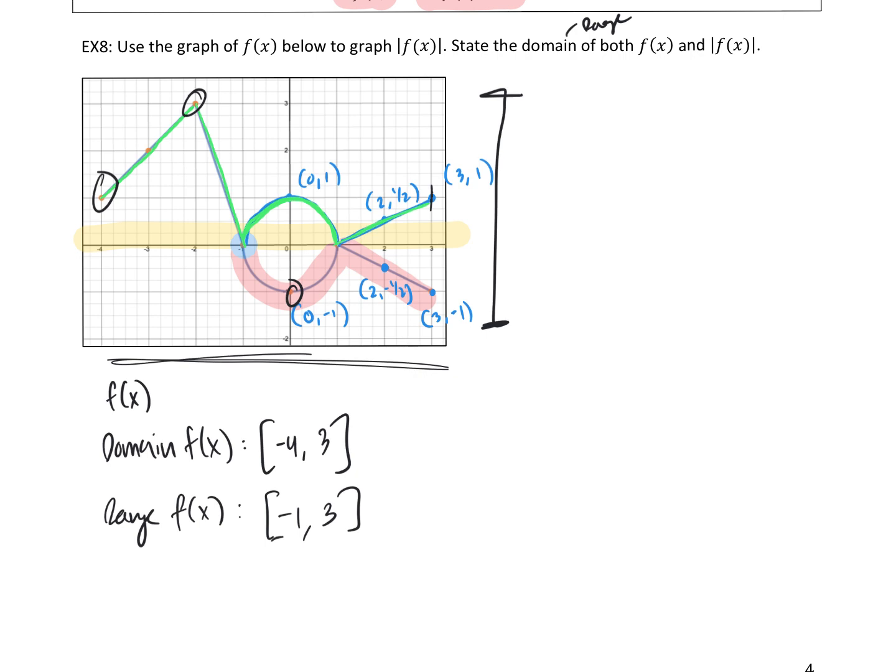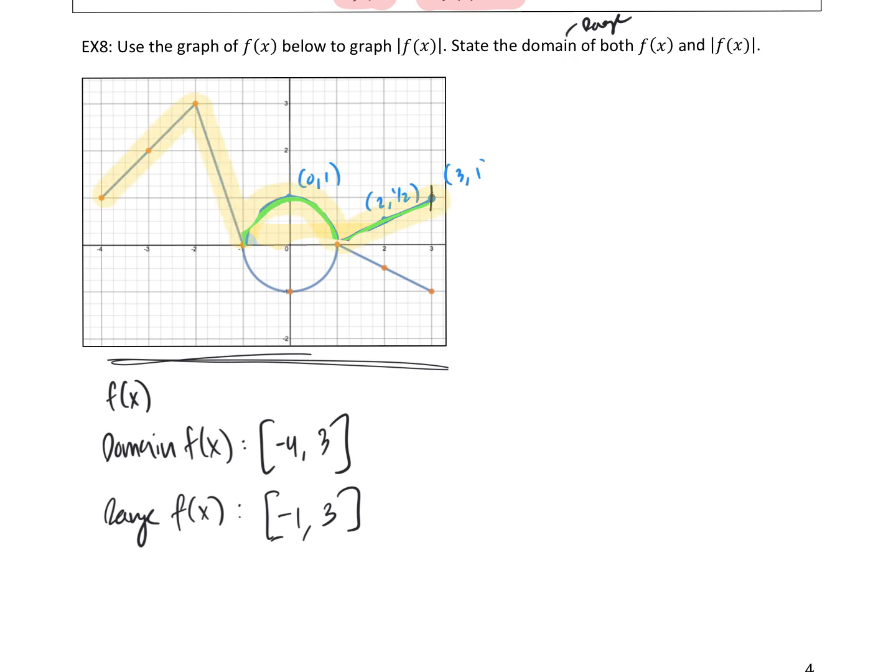Next, let's take a look at my absolute value function. Let me just go ahead and highlight it so you can remember where it is. So my absolute value function was, again, these values here, the new ones that we graphed. So my domain for that, it's actually not going to change too much.